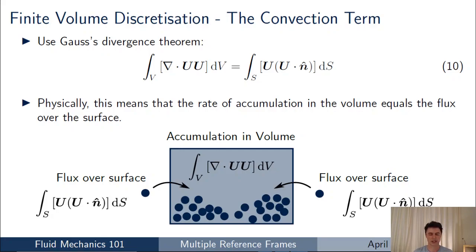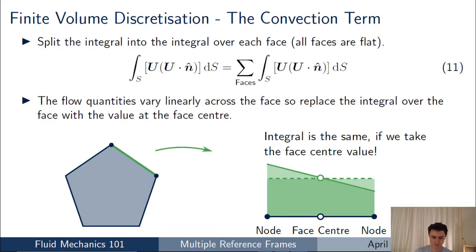If you think of the quantity as those blue spheres, which you can see, then if the spheres are accumulating in the box or in the volume, then there must be some flux of those spheres across the surface. And Gauss's divergence theorem basically says that those two balance. The rate that those spheres accumulate must equal the flux over the surface.